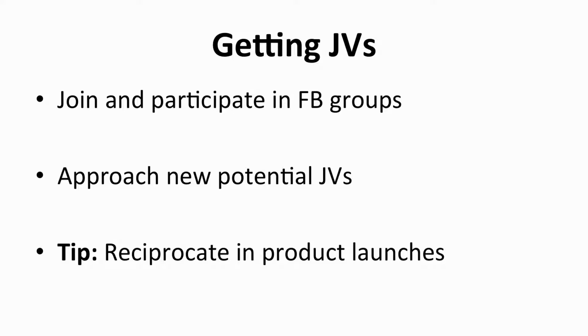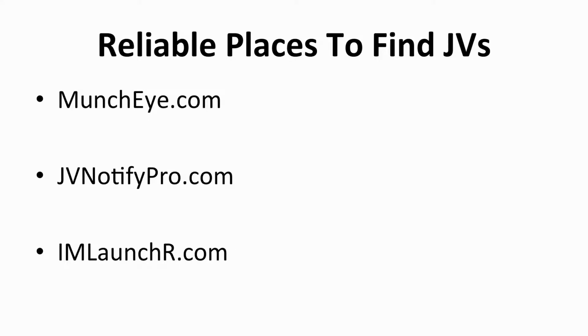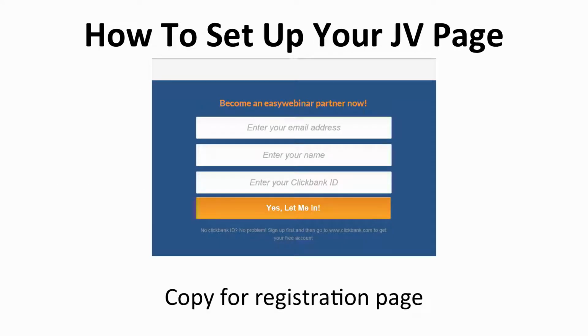Every one of them wants to know what your value is as a JV before both of you can form a partnership. Here are some reliable places to find JVs: muncheye.com, jvnotifypro.com, and imlaunchR.com.